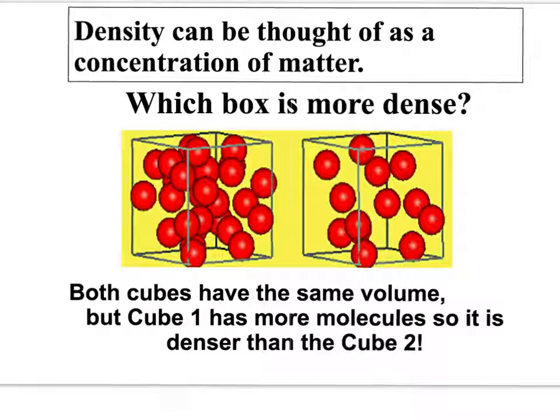So when we're thinking of density, we can kind of think of it as a concentration of matter. Something that's really, really dense is going to be very concentrated. And then something that's not very dense is going to have a lot more space between the particles. And so if you look at these two cubes, clearly this cube right here has a higher density. In class, we used the example of if I had a pound of feathers and a pound of gold, how much volume would I have?